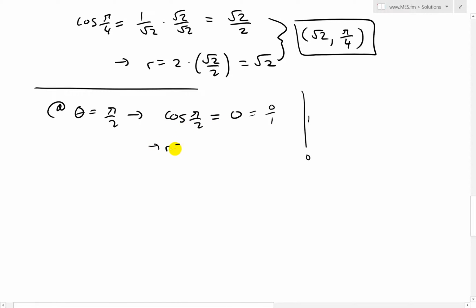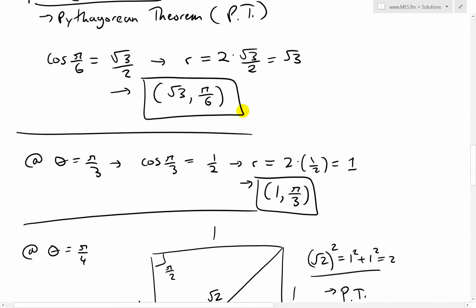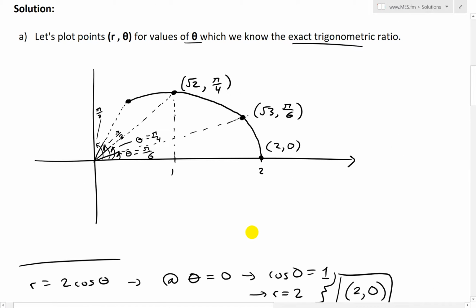So r is equal to 2 times 0, which equals 0. So we have the point 0 and pi over 2. We have this point across, right over here, at 0 and pi over 2. Then when we connect these points all the way across, we get a circle.